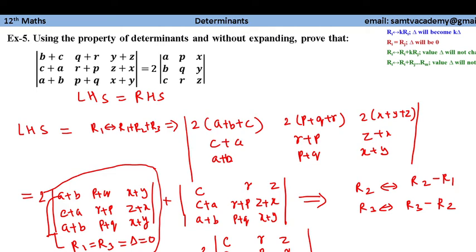Here it will be X. Now the last row will be R3 minus R2. So the new R2 will be subtracted from R3. So we will be left with B, and P gets cancelled out.